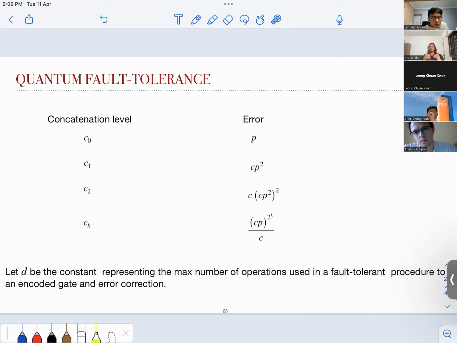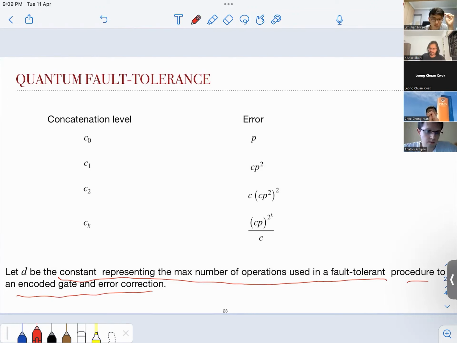But whenever you are going from one level to the next level, there will be some resource requirement, because you need to build the logical circuit from the physical circuit. Let's say D is the constant representing the max number of operations that you need to get an encoded gate, with whatever error correction and so on.